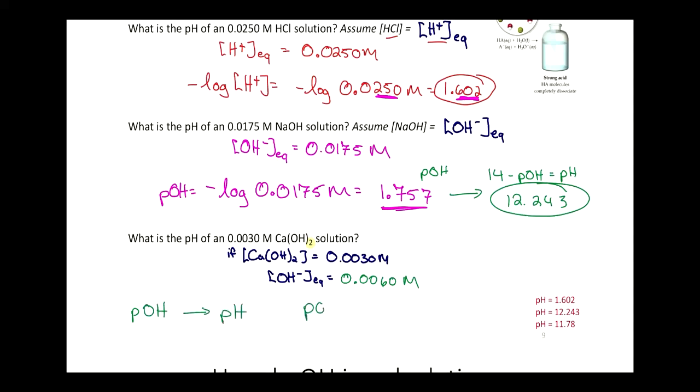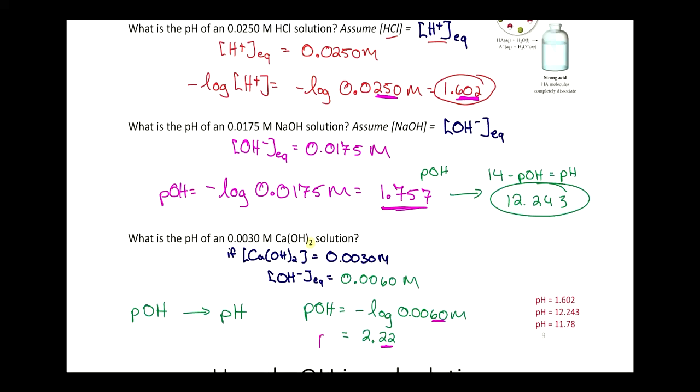So our pOH is equal to negative log 0.0060 molarity. And so if you calculate that, you get something like negative log 0.006, 2.22. And so note here, there are 2 sig figs in that concentration, so I have 2 decimal places in my pOH.